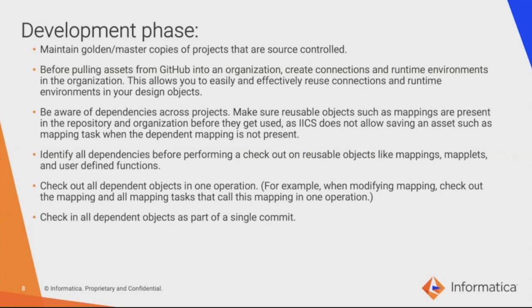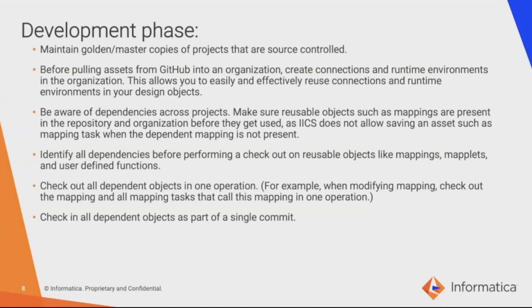So developers would create those assets, test them, and then place them into the golden project folder, which would eventually get checked in, right? And they could do this on a day in, day out basis. And typically you would use this structure so that the developer clearly knows that whatever they're placing in the golden project is something that they expect to reach prod after verification or review if required.